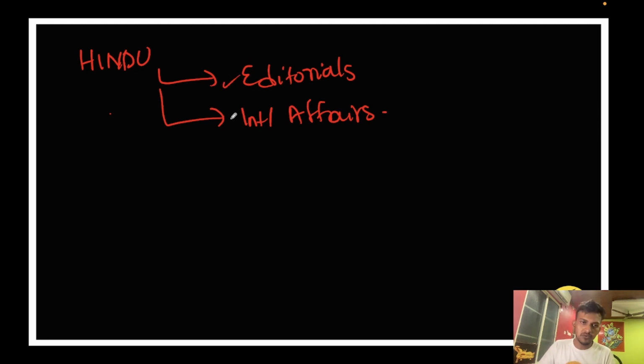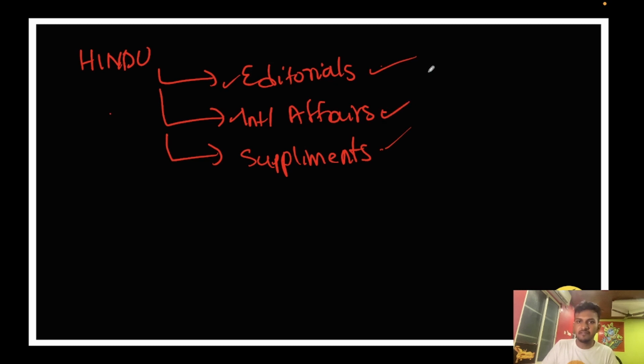Then apart from that, you can read the supplements. Every newspaper has some supplements, right? Maybe it's happenings around in your city, or maybe an economic supplement, or a Sunday supplement. So try to read your supplements fully, along with editorials and international affairs. These three ideally should give you the ideal comprehension types of material you're looking for.